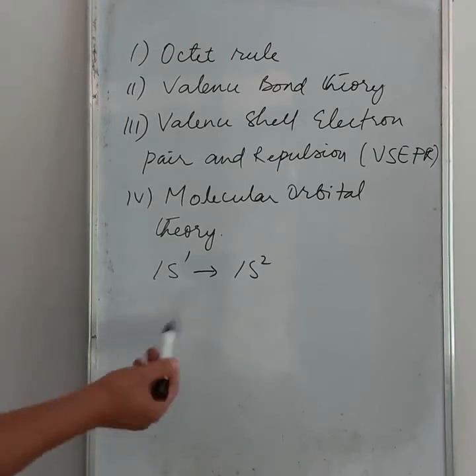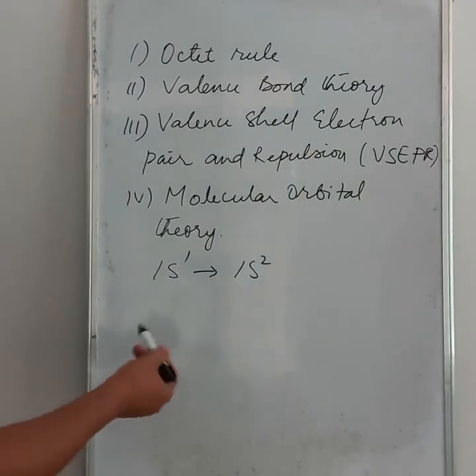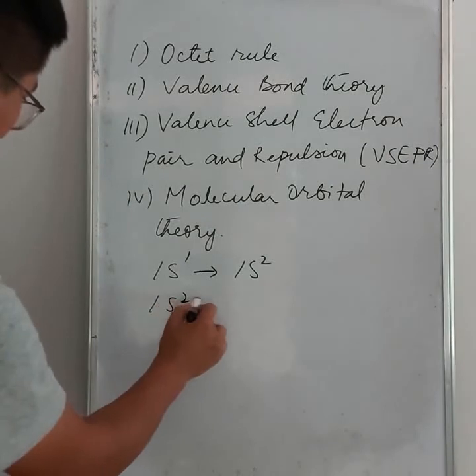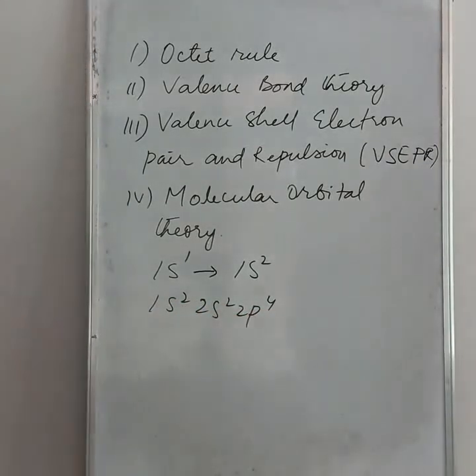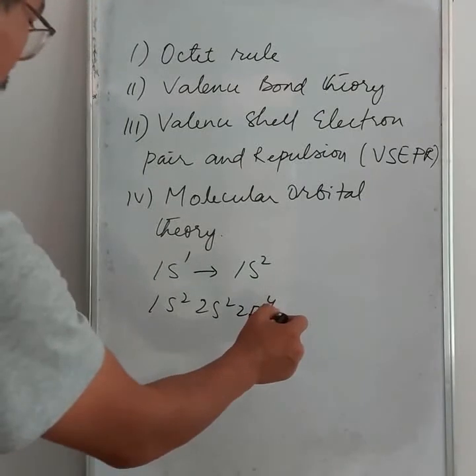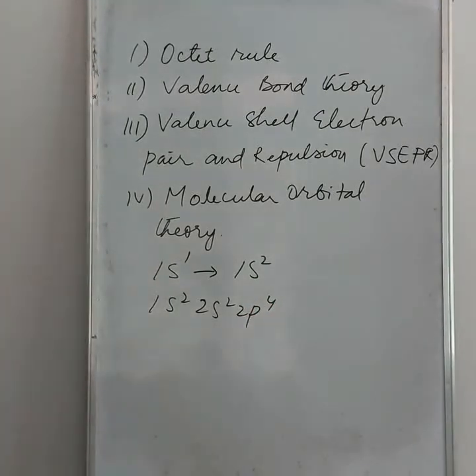Likewise, oxygen has 6 valence electrons, but it wants to have 8. That means 2 more need to be added to achieve the octet configuration. That's what the octet rule suggests.